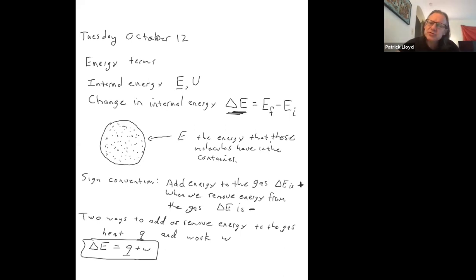Now, what we're going to do at the beginning of today is talk a little about this term here, work. We're going to have a mathematical equation to discuss work, and it's a relatively simple equation. Let me go ahead and write this down.